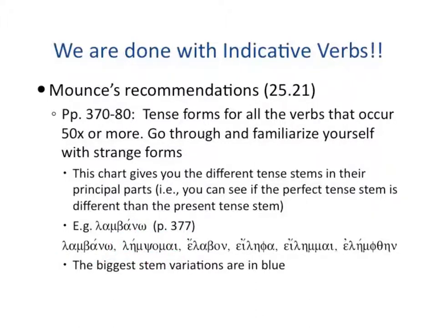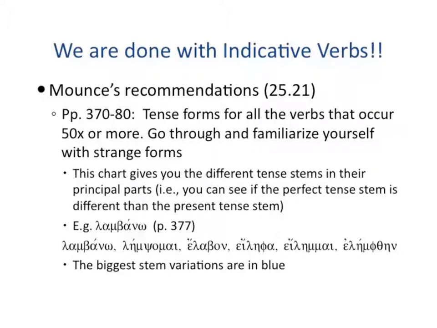This will be future. This will be aorist, active, and middle. And then your 6 will be aorist or future passive. These 2 will be your perfect. So perfect active and perfect middle passive. Again, go back to the sheet on principal parts in order to understand that a little bit better, give you a little better explanation for that.